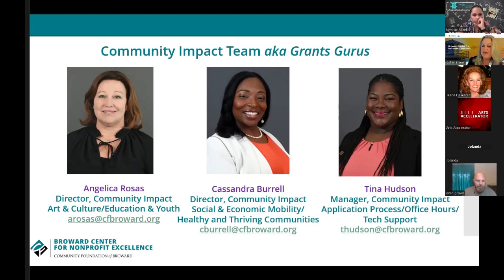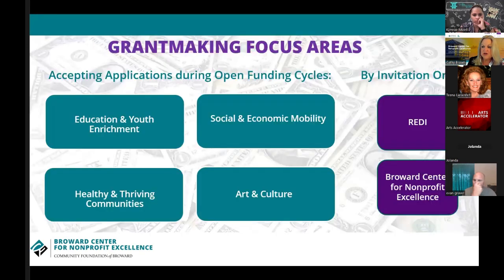So with that, we'll start with Angelica. Actually, this lays out the grant making areas that we cover, which I have talked about quite a bit. And the four key areas: education and youth enrichment, healthy and thriving communities, social and economic mobility, and arts and culture are where we typically look for and will have open grant applications for you to apply.